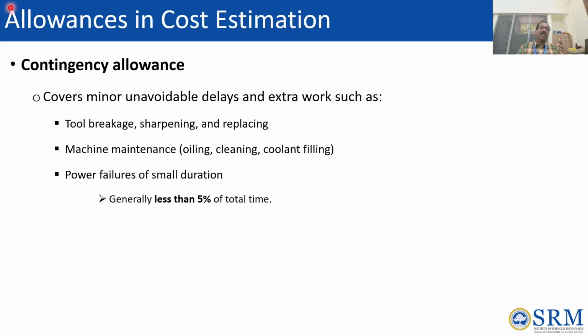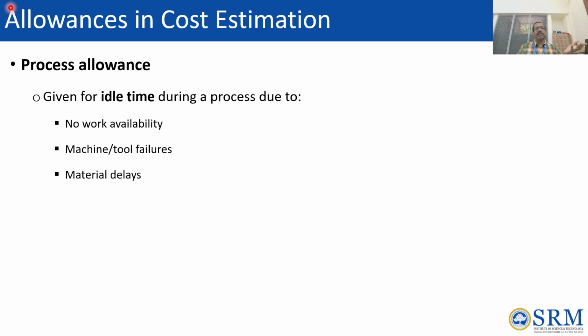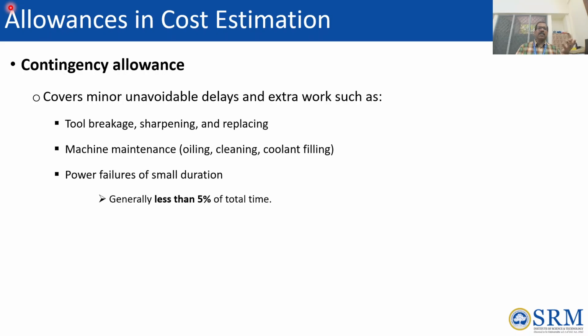So generally for this, less than 5% of total time is given for a continuous allowance. Then process allowance is given for idle time during the process. So if there is idle time in the manufacturing process, that comes under process allowance. No work availability or machine or tool failure does not come under continuous.